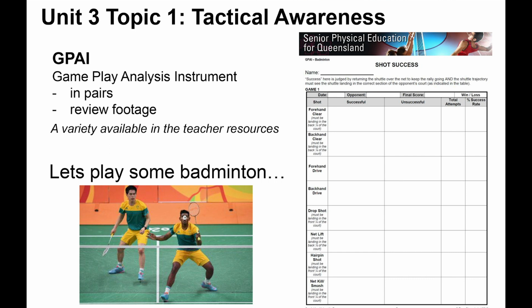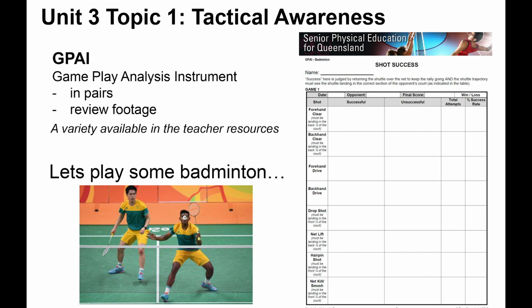Some of the other ones we put in there look at shot distribution around a court, unforced errors, where you're hitting your shots from, and where your shots are landing on the opponent's court. So there's lots of things you could analyse over that 4 or 5 weeks while they're playing. They shouldn't just be outside playing badminton. They should be analysing using a GPAI pretty much constantly, using a variety of them, collecting that primary data.